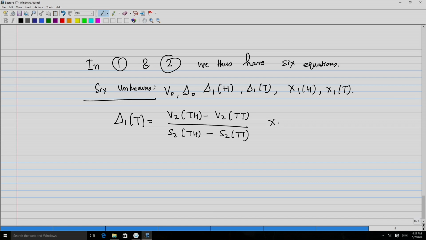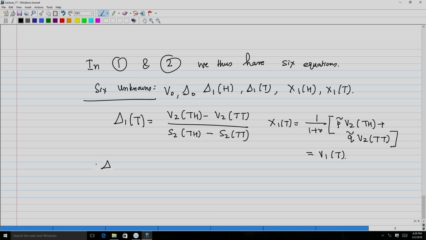And this will imply that x1 of t is going to be 1 over 1 plus r multiplied by p tilde V2 of th, plus q tilde into V2 of tt. And this is going to be the same as V1 of t.